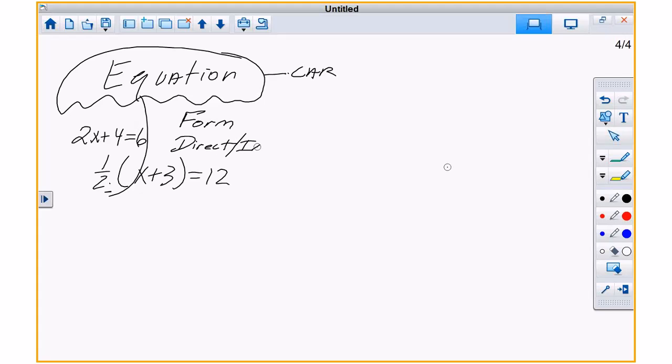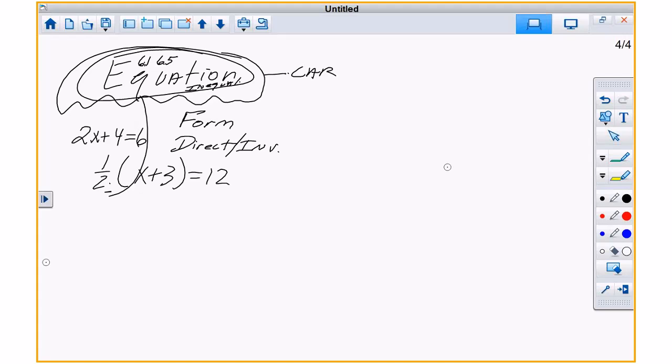It could be that. So when I say equation, as long as you can work an equation, then you can pretty much handle these. And in 6.1 and 6.5, you learned how to handle not only an equation, but you learned how to work an inequality also.